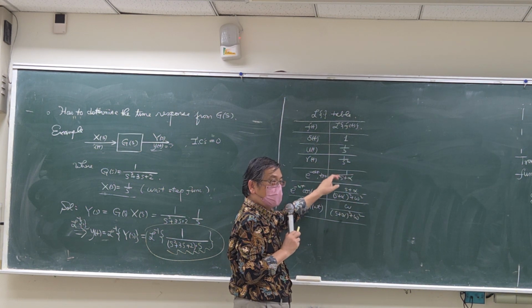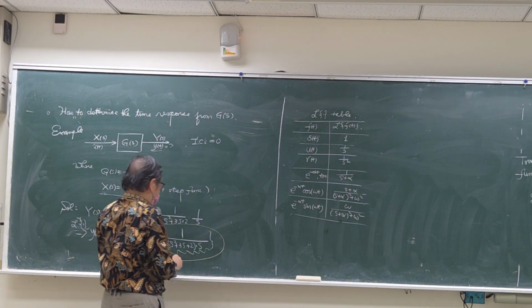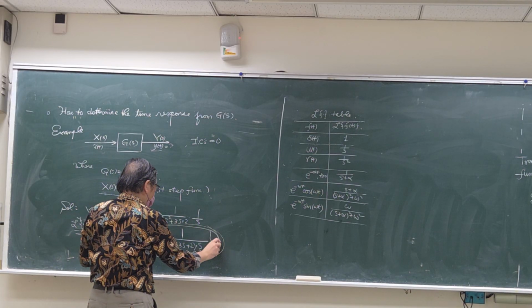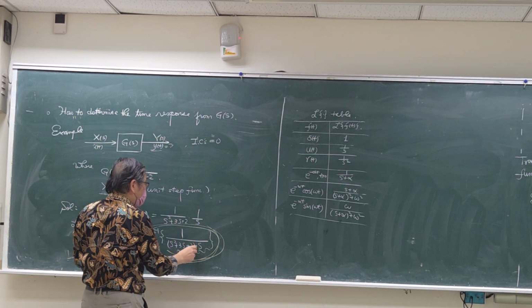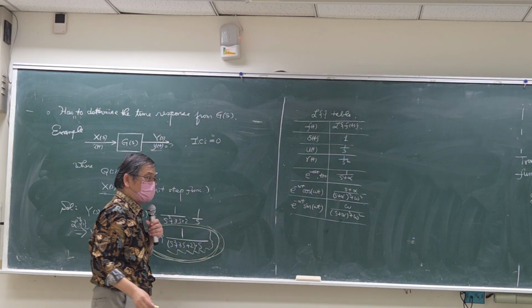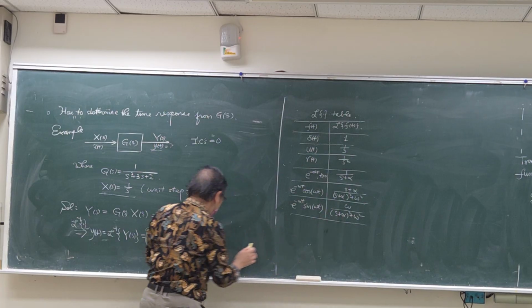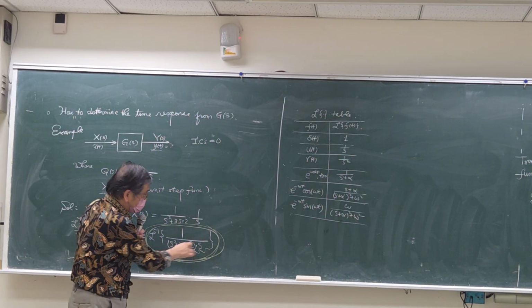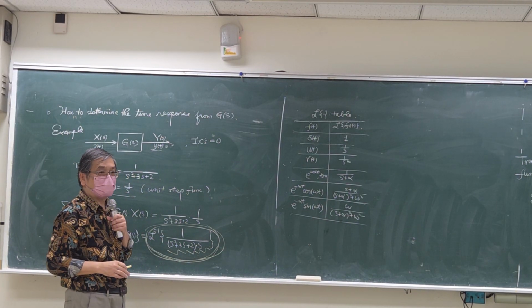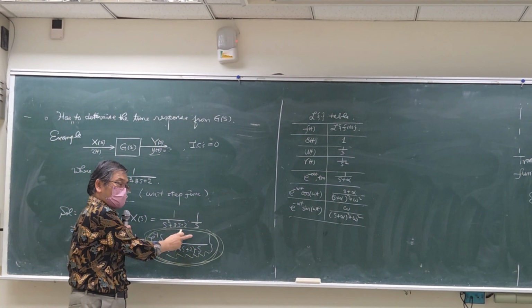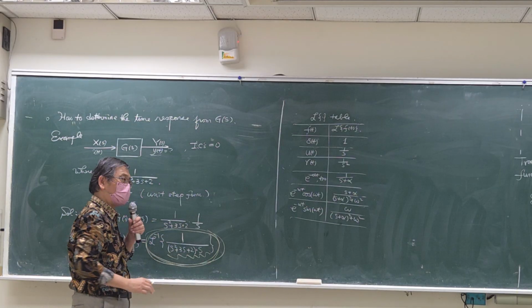So we have no idea how to find the solution directly from the table. This is a third order system, the polynomial is third degree.